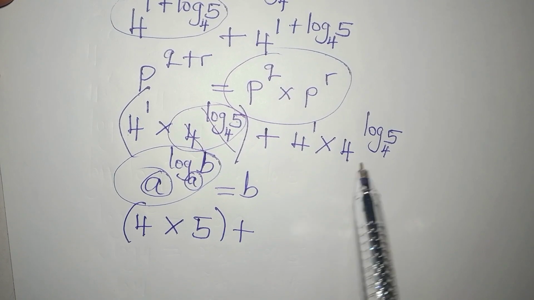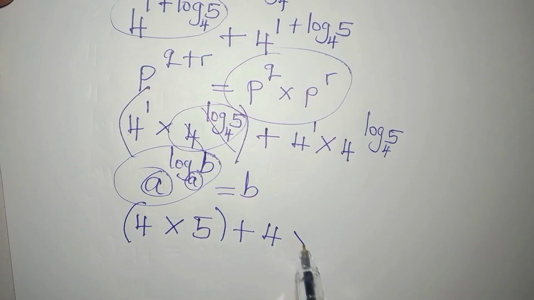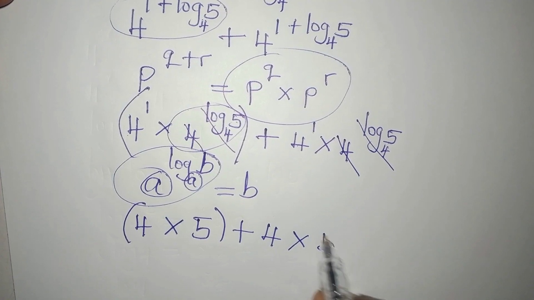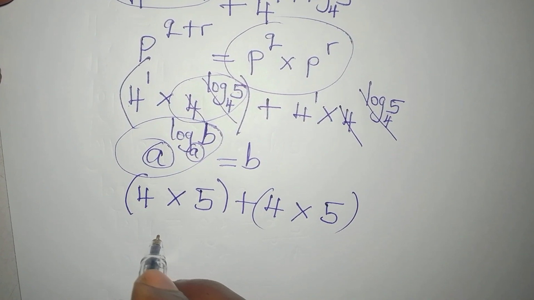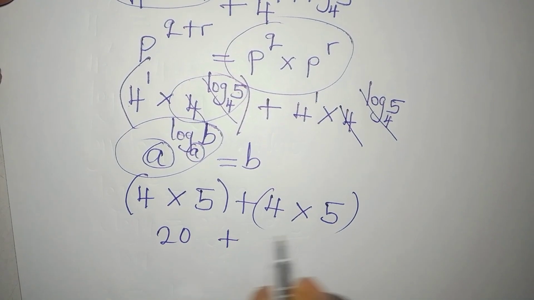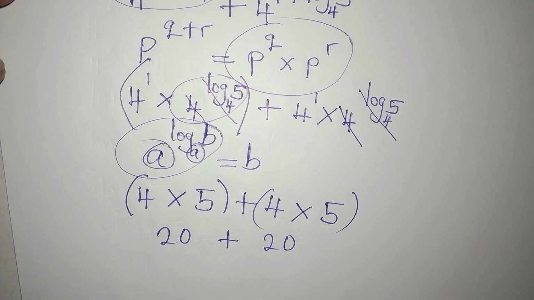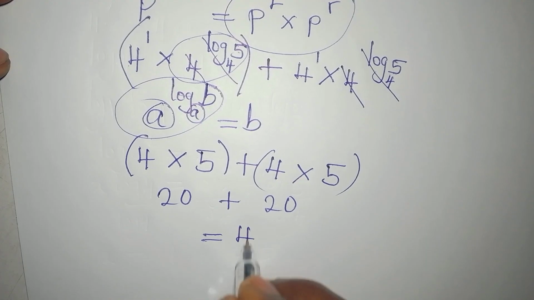Then plus 4 to the power of 1 is 4, like we said, multiplied by this, and we have 5. So 4 times 5 will give 20, plus 4 times 5 again will give another 20. And when you add these two, you're going to have 40.